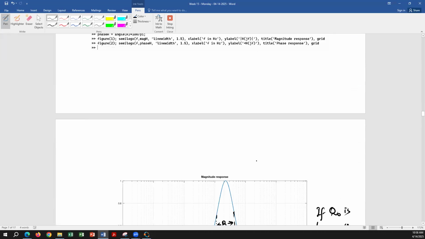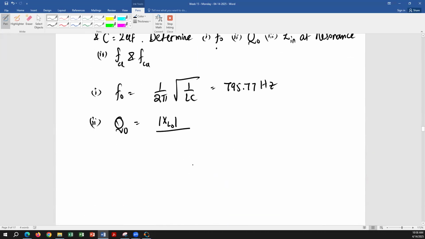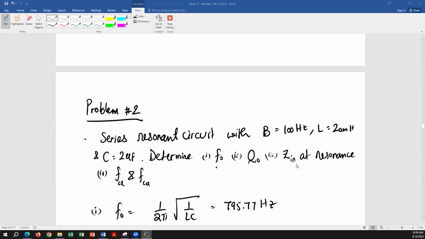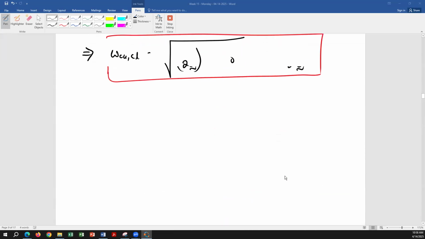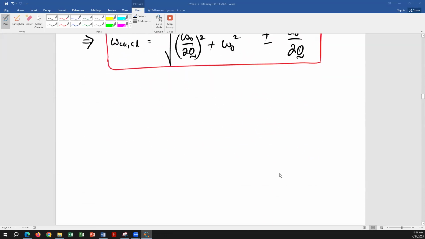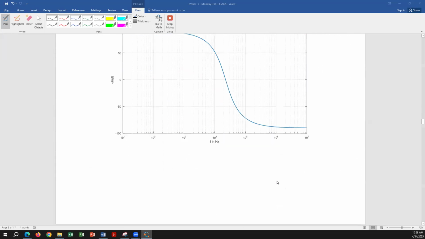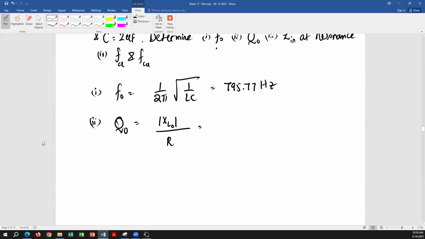Q naught is magnitude of reactance over R. And we don't have R, so we have to go to the other value with the B, omega naught over B. It's equal to omega naught over B.